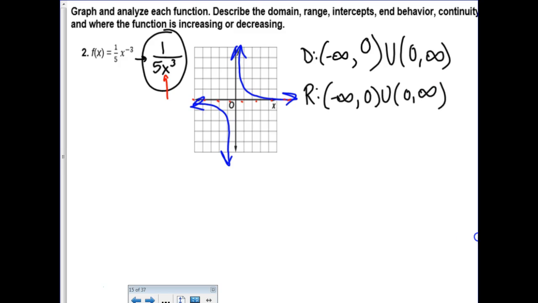So be careful about your interval notation if there's a break. You've got to show me the break in your interval too. Okay, intercepts. Do you see it crossing the y-axis at all? Me neither. Do you see it crossing the x-axis at all? Me neither. So there's none. Sometimes there's none, and that's okay. End behavior. It's our end behavior template. Here we go.